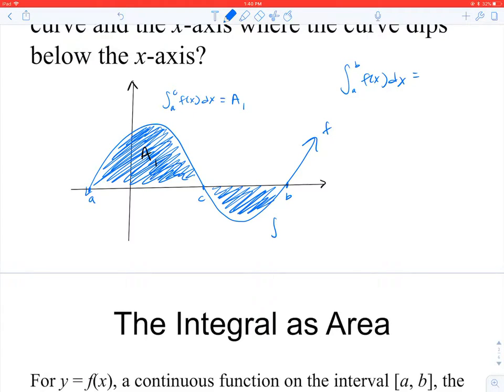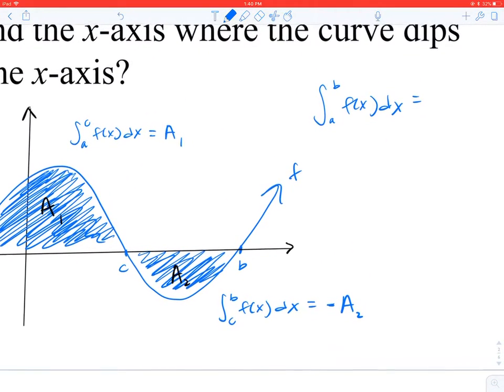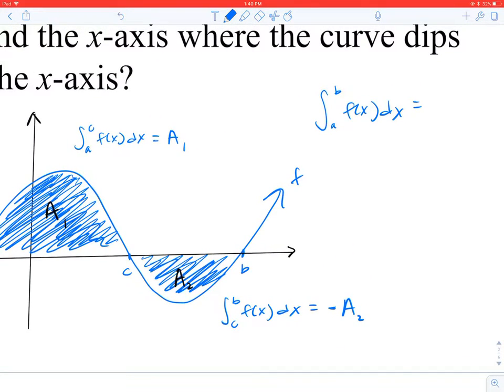If we were to integrate the function f from c to b, we would end up with a negative value, because the function is dipping below the x-axis. So I can call this area 2, but it would actually be like the negative area. So if we were to integrate from a to b, it would actually be area 1 minus area 2.